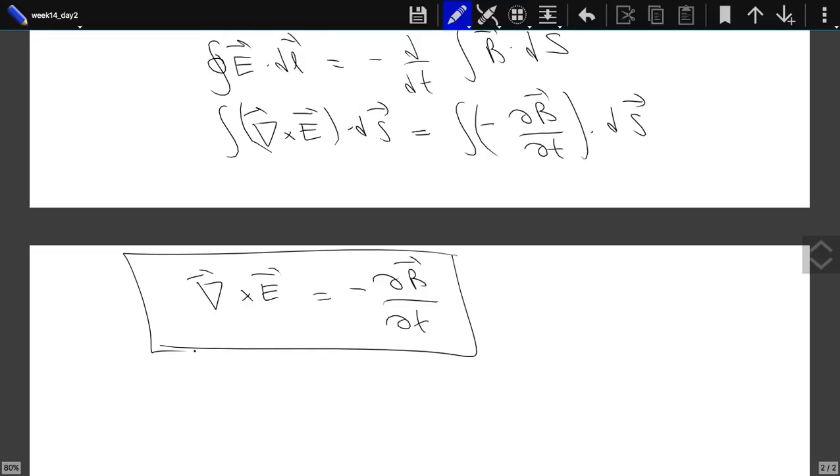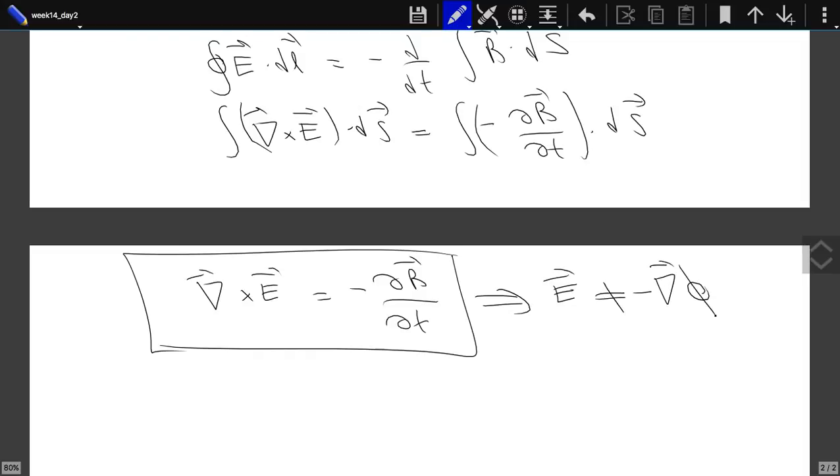In electrostatics, the curl of E was zero. Now we are looking at dynamical systems, and we see that if there is a changing magnetic field, the curl of E is no longer zero. Well, this will have another consequence though.